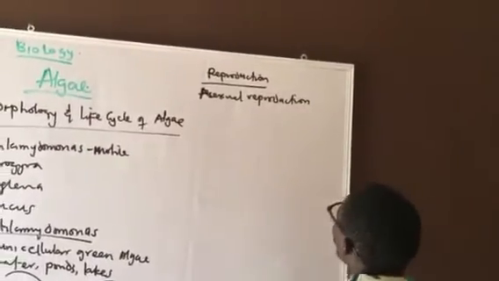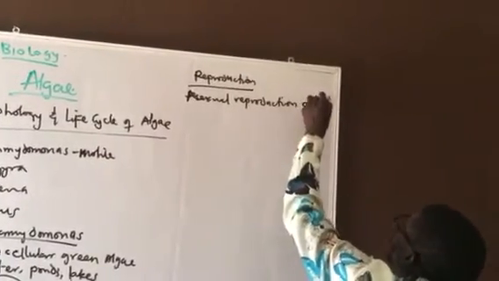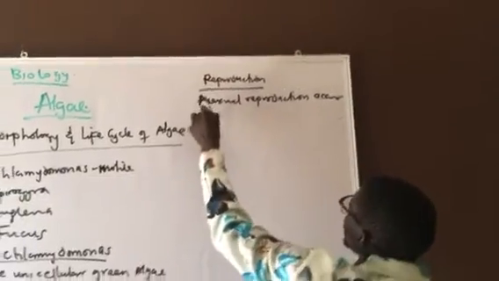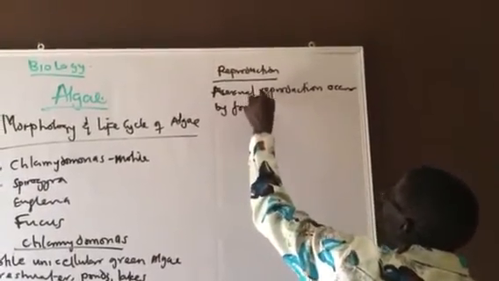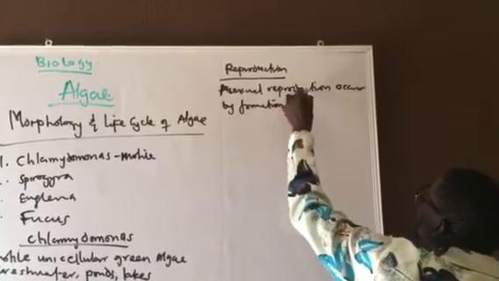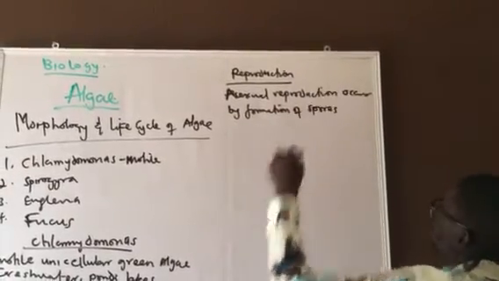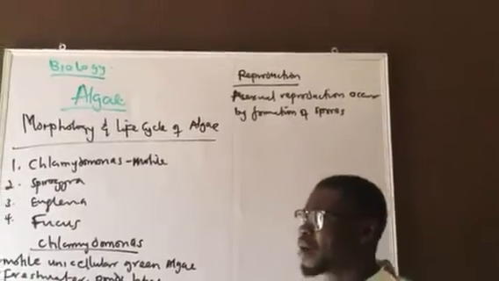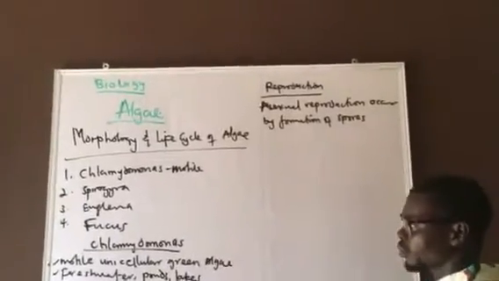So it occurs by formation of spores. But these spores are multi-spores.